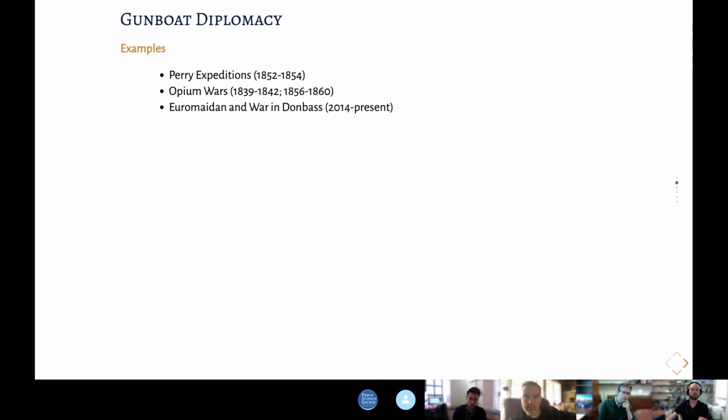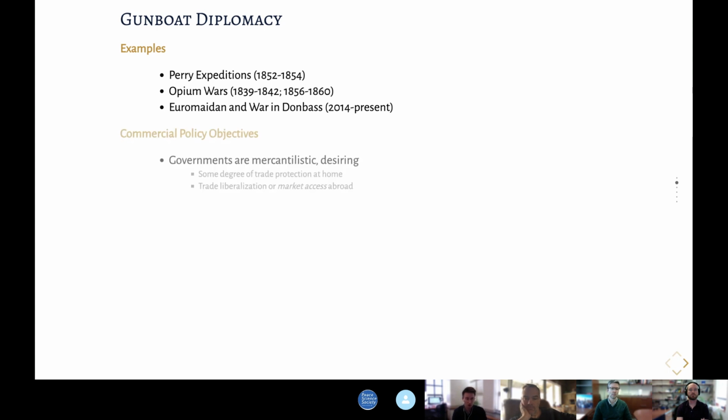Around the same time, we saw Britain and France prosecute the Opium Wars designed to open Chinese markets despite Chinese recalcitrance. And more recently, we've seen Russia couple threats made toward Ukraine with demands that they refrain from economic integration with the European Union, which would plausibly harm Russian economic interests in the country.